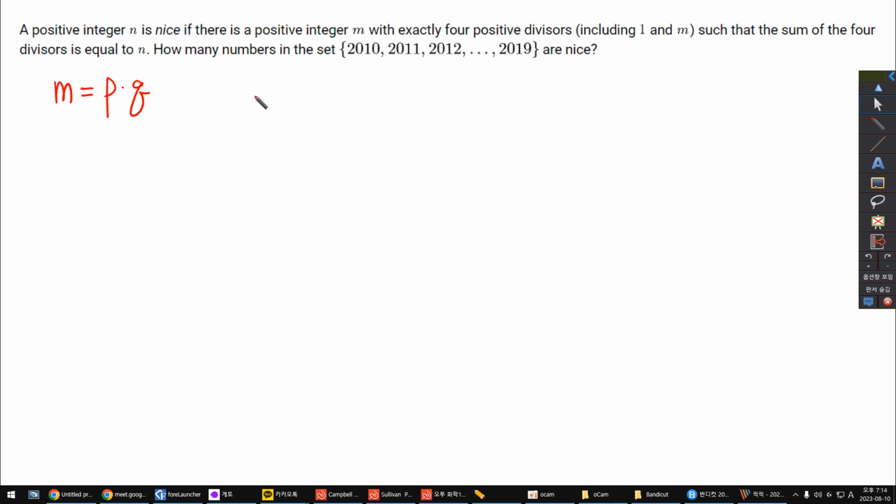So if we add the factors of M, that will make the nice N, and this means if we use factoring, N is the product of P plus 1 and Q plus 1.